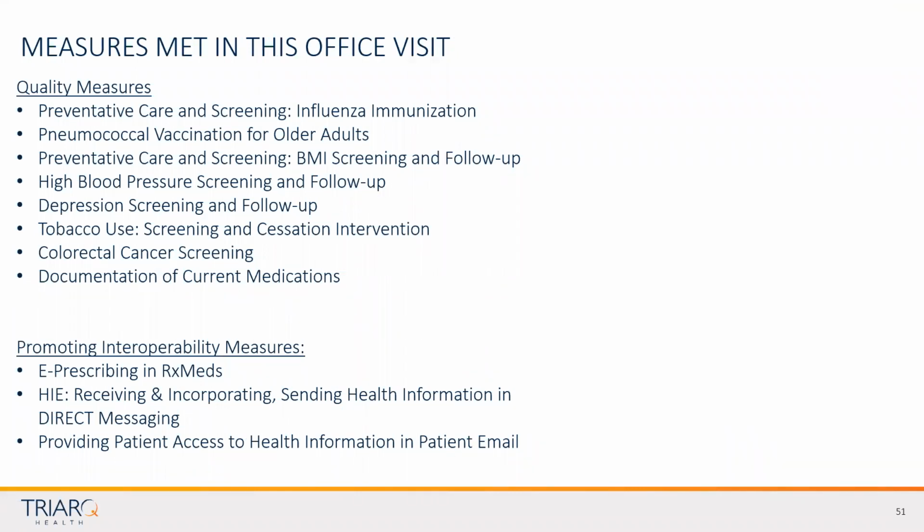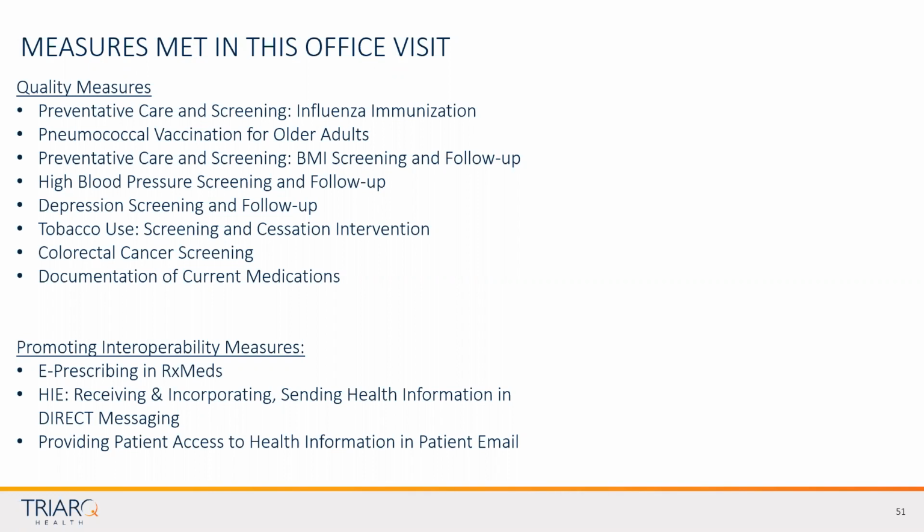So in summary, the measures we met in this office visit are fantastic. We've hit quite a few of our quality measures. We've hit about 8 of them, including 1 high priority, which is great. We've also hit all of our promoting interoperability measures, like our e-prescribing, which was done through our RxMed screen. We hit our health information exchange measures, which was done through our direct messaging.